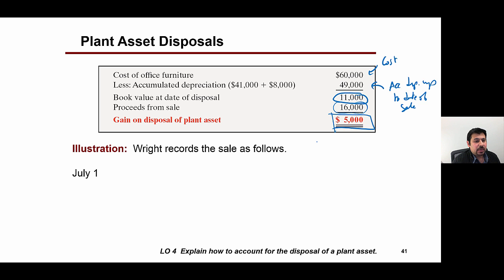The company received cash from sale. The cash that the company received is the proceeds from the sale. As a result, the company will debit cash 16,000.